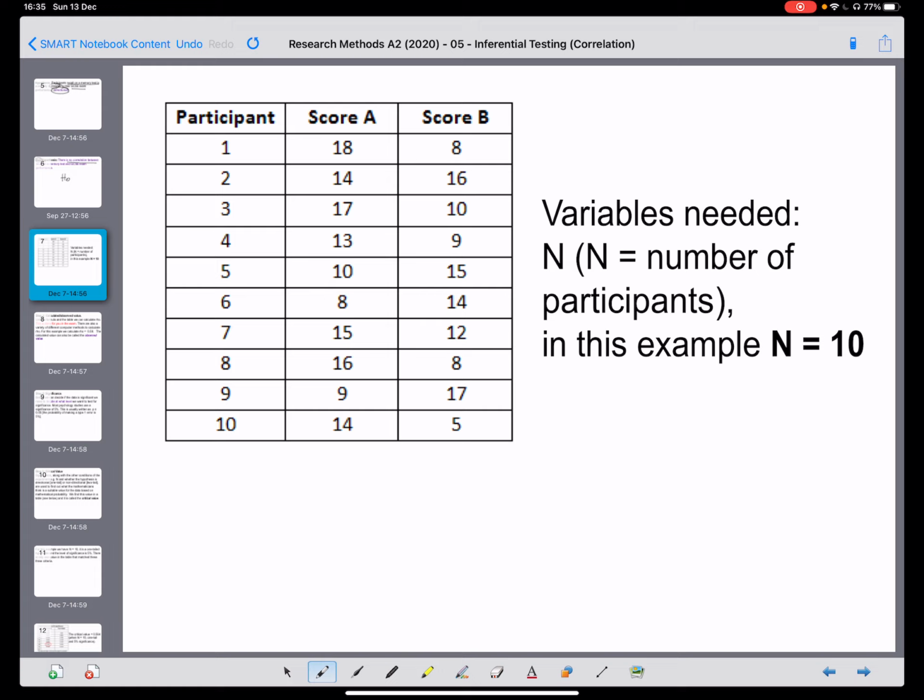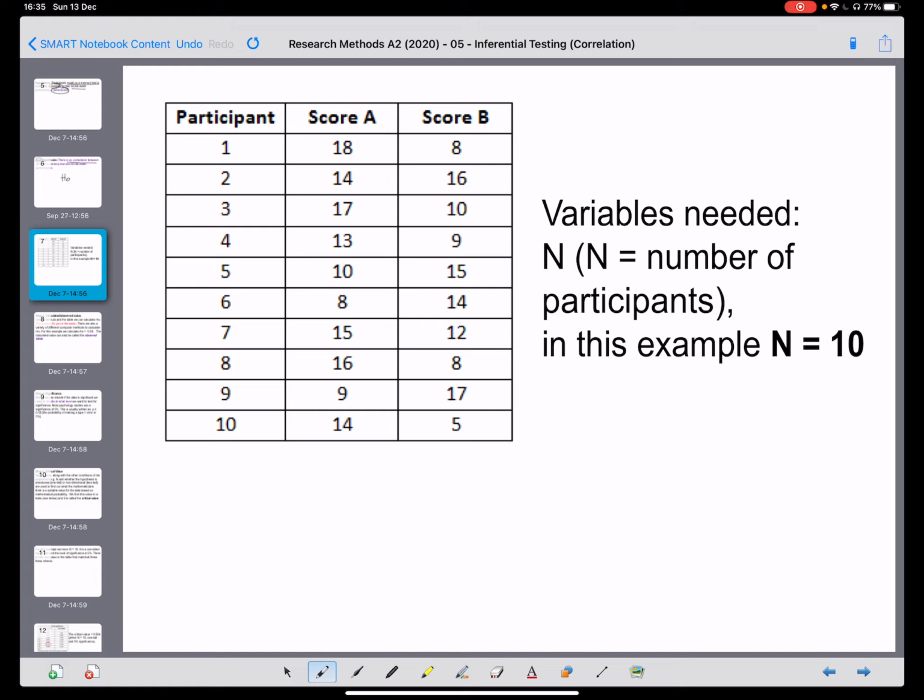Now, of course, think about the exam. Think about the different things that you might be asked to do. Now, this definitely looks like repeated measures: score 1 and score 1, score A and score B. So don't jump to conclusions about design, because with a correlation, for example, I need to have covariables.